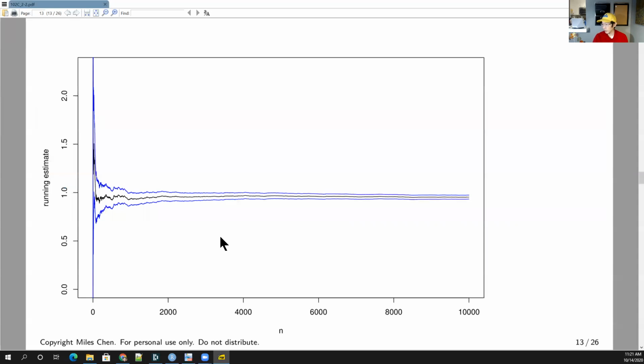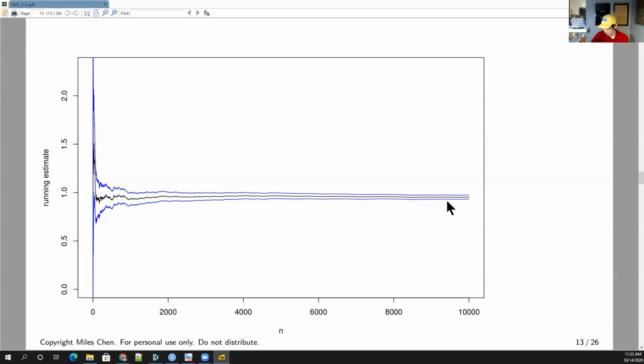And so when I do that, this is the graph that I get, okay? And so we see there's a lot of variance in the beginning. It's actually kind of hard to see, but if I zoomed in, these blue lines are very wide, and as time goes on, the width of the confidence bands shrinks and shrinks, and they get smaller.